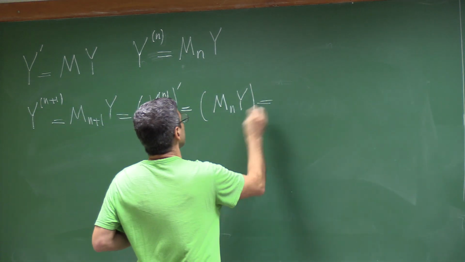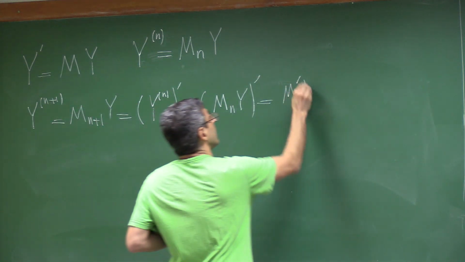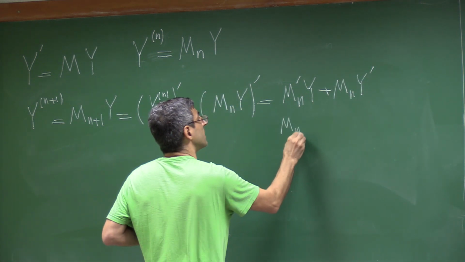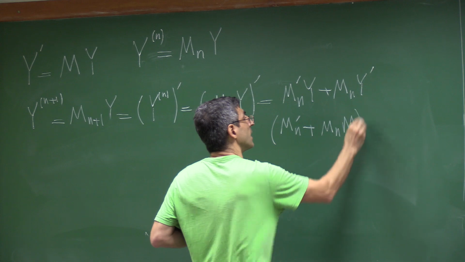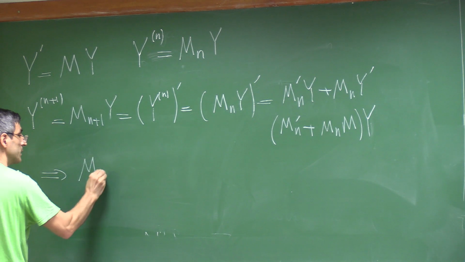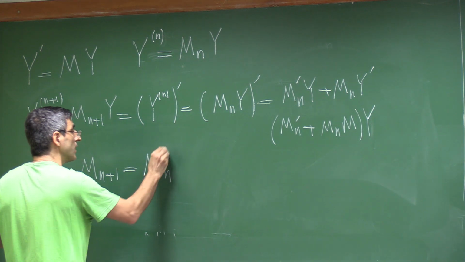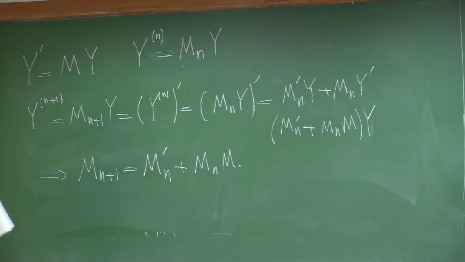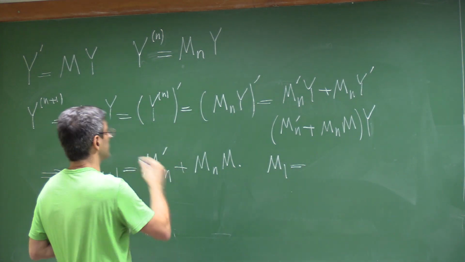And at the end of the day, this is the derivative of M_n times y plus M_n y prime, and this is the derivative of M_n plus M_n M, times y. Then you will conclude that the matrix M_{n+1} is the derivative of M_n plus M_n M. And what is the recursion? M_1 is the original M.